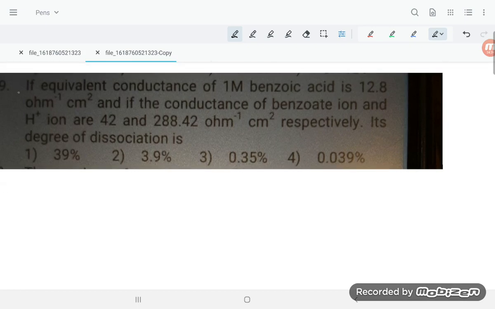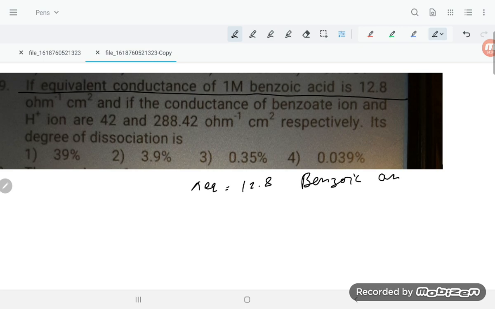If the equivalent conductance of 1 molar benzoic acid is 12.8, that is Λeq = 12.8, and the conductances of the benzoic acid ions are given respectively, find its degree of dissociation.